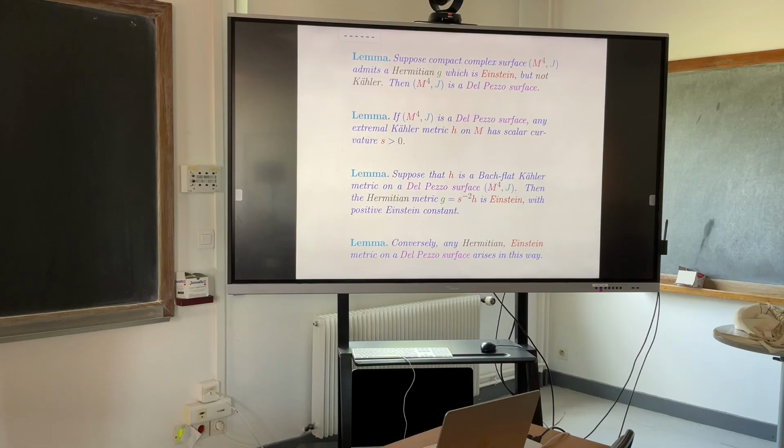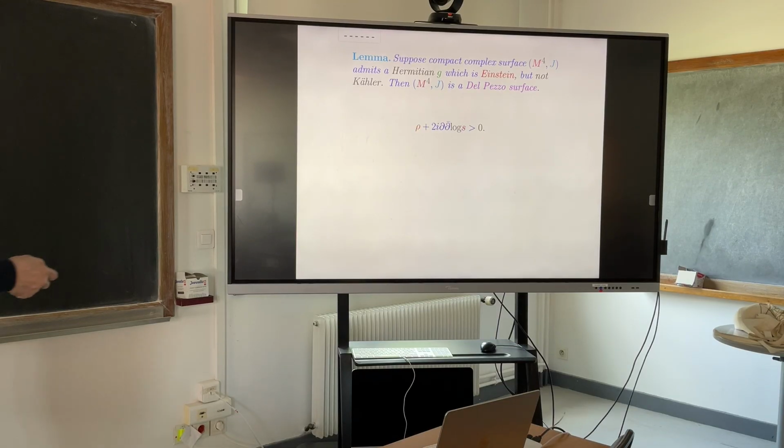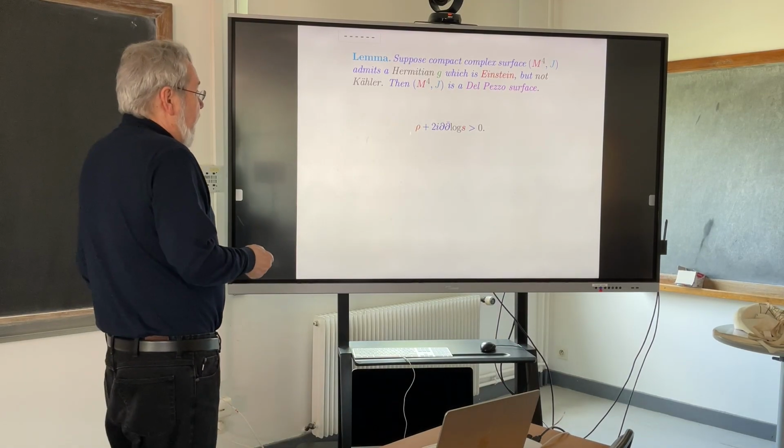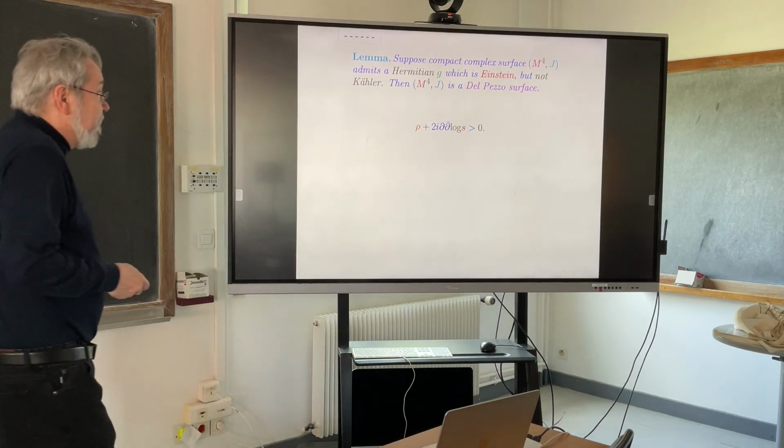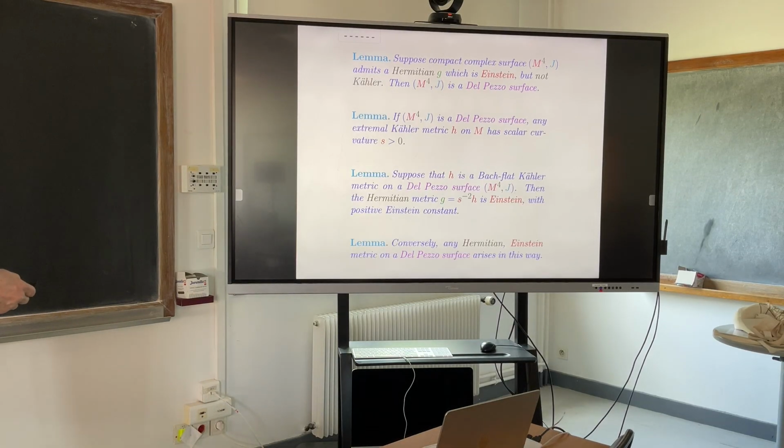But then that ends up saying that the Kähler class of omega has a sign, of the Ricci form has a sign, that ends up saying that c1 is positive, and that's why you're on a del Pezzo surface.